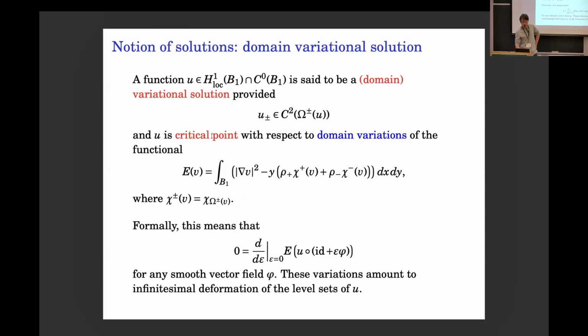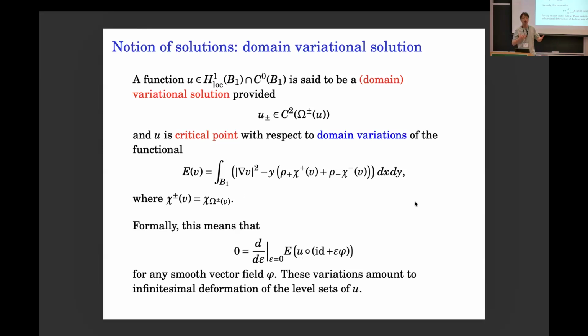When I say critical point, this variation is not in the usual sense where you have u plus epsilon v and you differentiate with respect to epsilon. Instead, we have this u composed with the identity plus a small nudge. The reason being kind of natural, because here what we are interested in is the level curves of u.